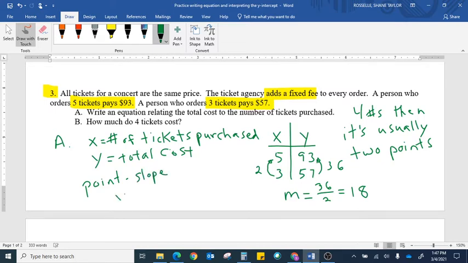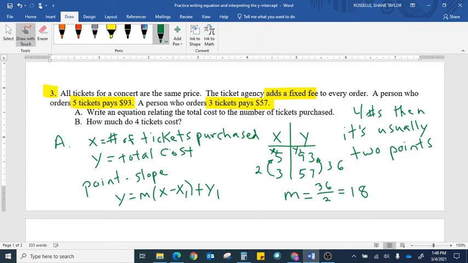Y equals m times x minus x1 plus y1. Let's say that 5 is going to represent x1 and 93 is going to represent y1, and 18 is going to represent m.